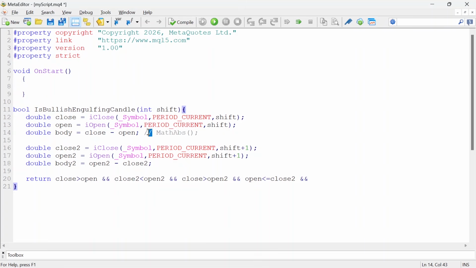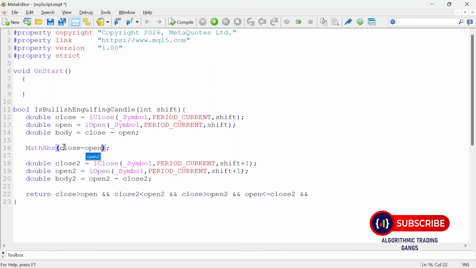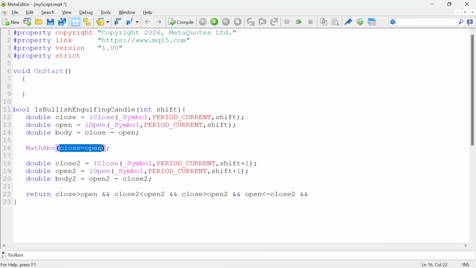Basically because I have this comment, I'm not able to get the tip, but for your sake, I will remove it for now. So when you write math abs, it takes in one value. The value we want is the difference between the close and the open. So we can simply say close minus the open. Whatever result you get from this arithmetic operation, return the body. That is what you are trying to do.